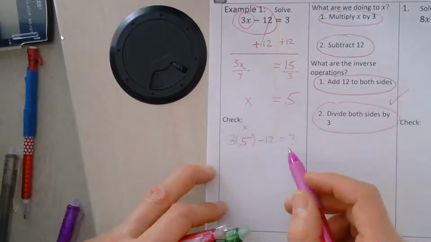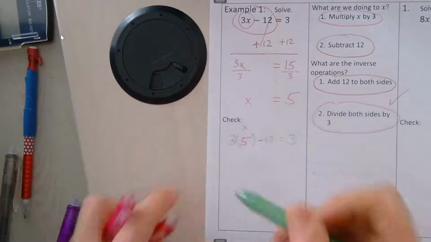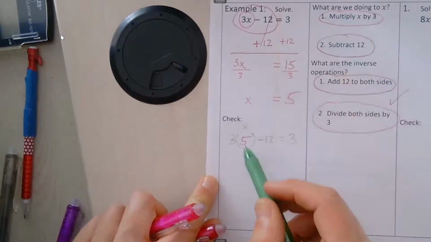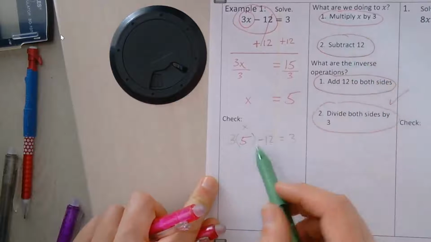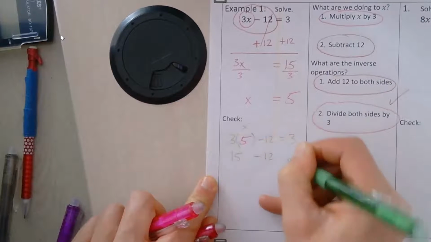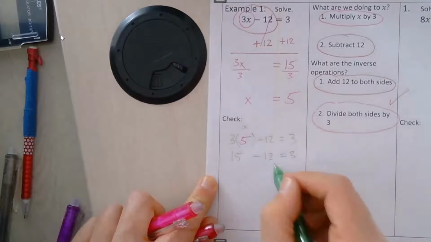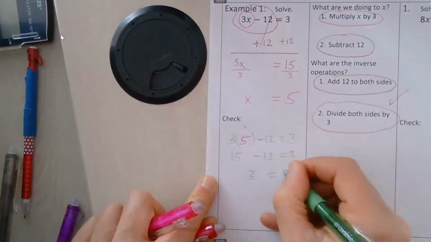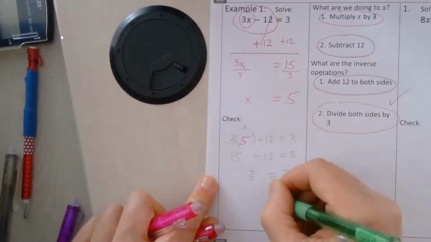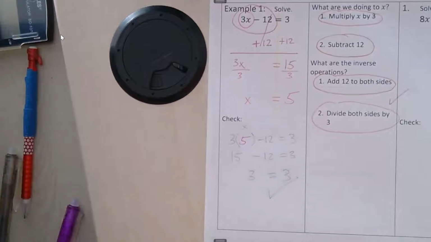And we're going to see if it works. So now we go in this order, multiply by 3, and then subtract 12. So 5 times 3 is 15. 15 minus 12 is 3. Because this came out 3 equals 3, that means we did this correctly. We checked it and it's correct.